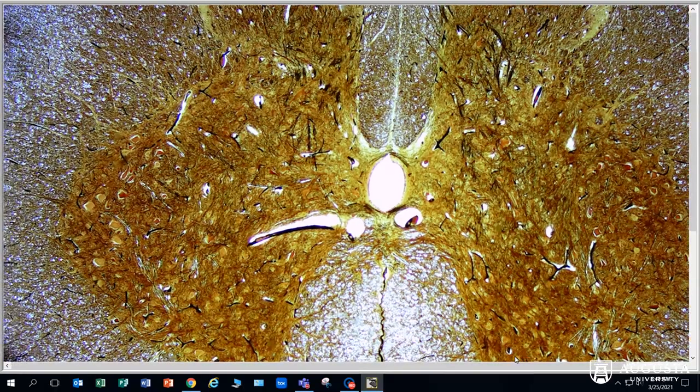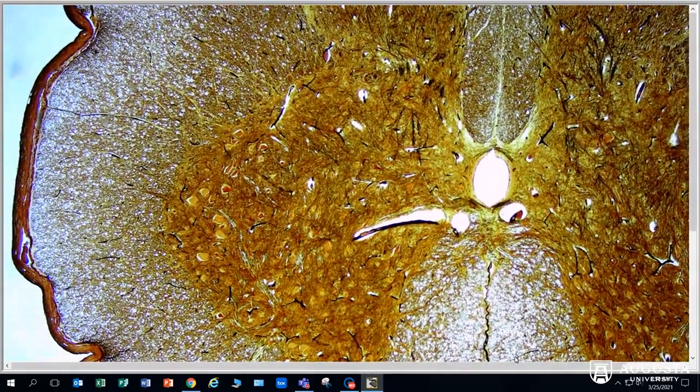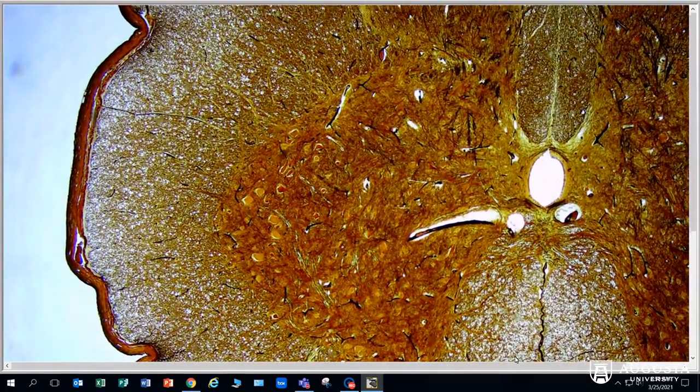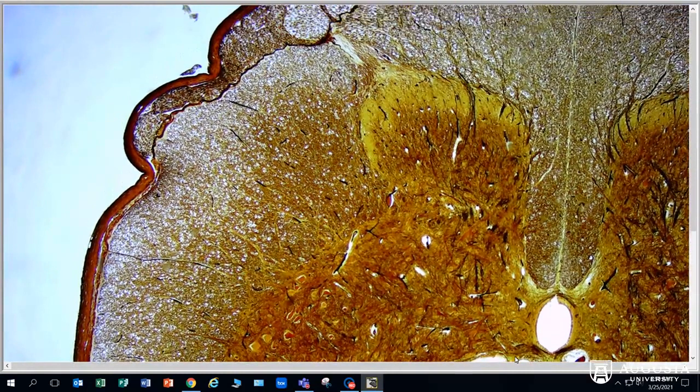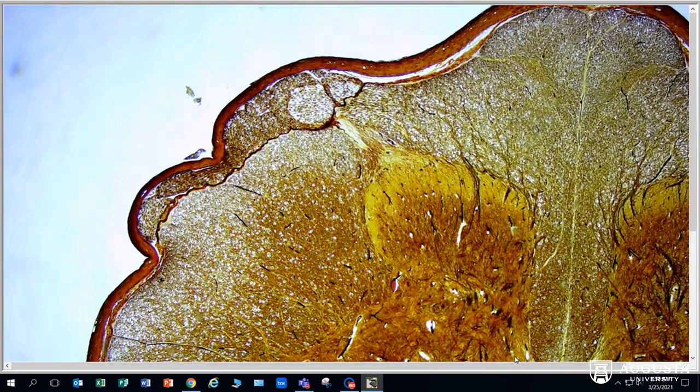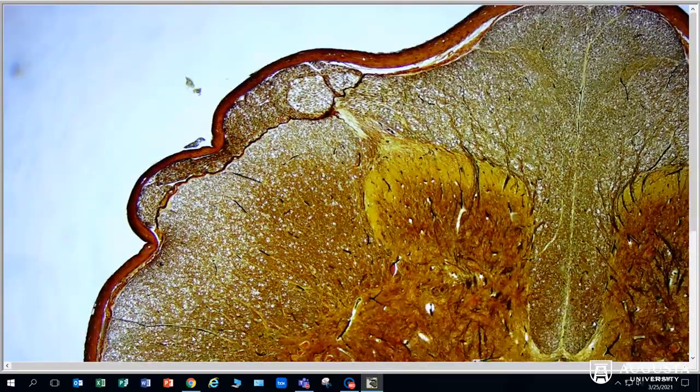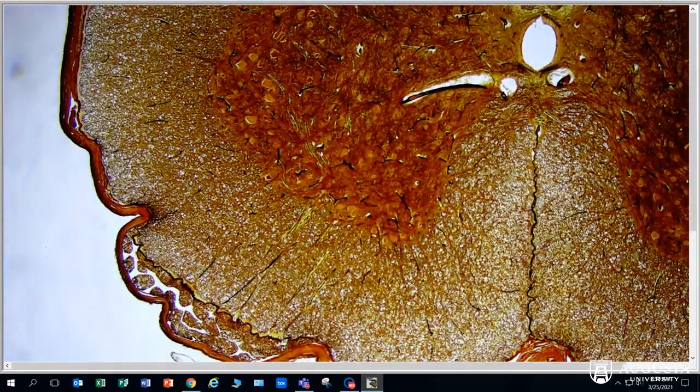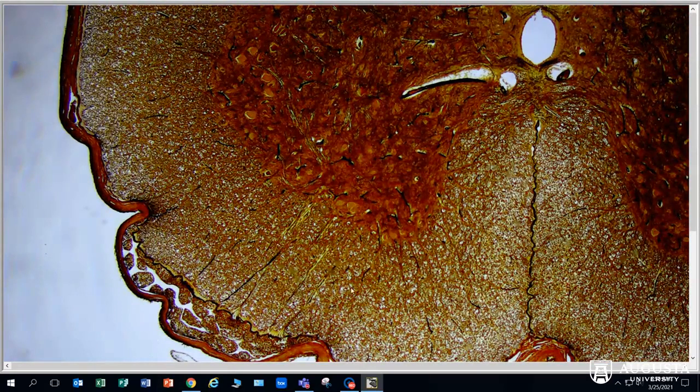I'm going to move the slide to the side just a little so that we can look at the funiculus. So this region right here is the dorsal median sulcus, which would make this the dorsal funiculus, the lateral funiculus, and if we move our slide, we have the ventral funiculus.